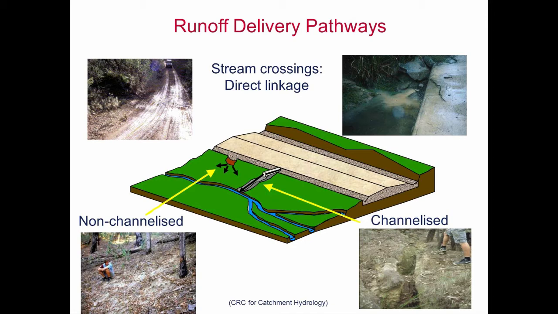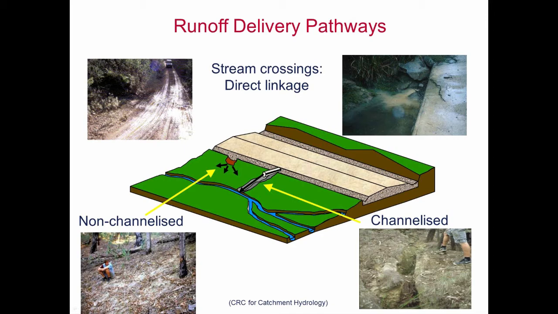It's acknowledged that some sections of road are going to contribute some sediment to the waterway, but that needs to be minimised. One thing that can be done to reduce that, as I mentioned, is drainage 5 to 30 metres away from the crossing. Another thing that can often be done is to armour the surface of the road with gravel or something like that, which can reduce the amount of sediment that it generates.